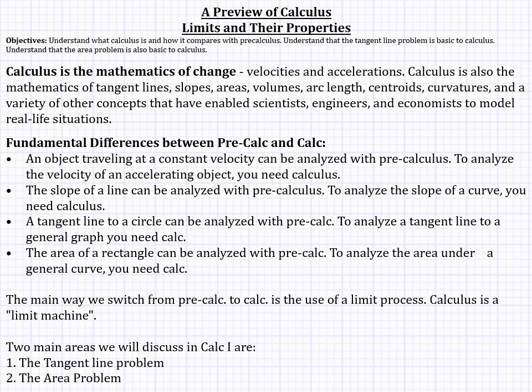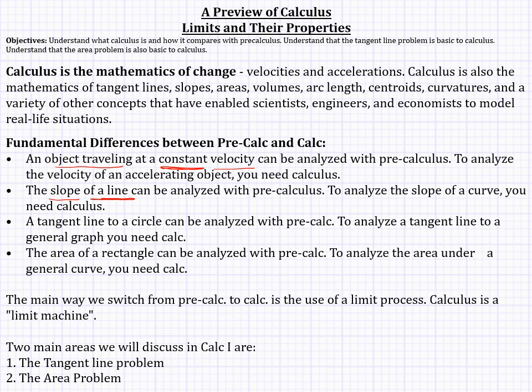And so when we think about pre-calc, we think about possibly finding an object that's traveling at a certain velocity, speed. And that object would be traveling at a constant velocity. If we were looking at pre-calculus as it relates to slope, we would talk about it in terms of a line, because slope of a line is constant.